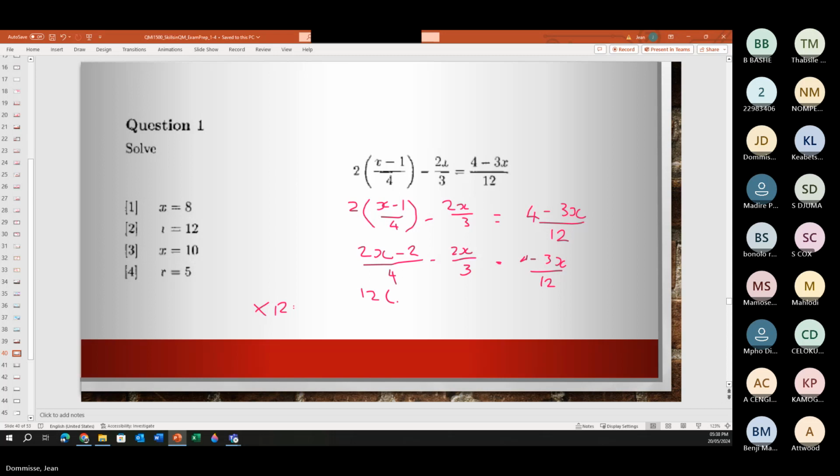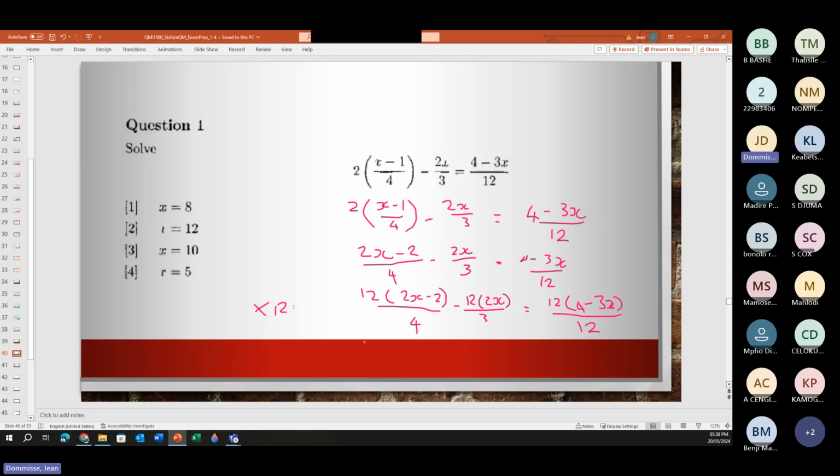So we get 12 times (2x minus 2) divided by 4, minus 12 times 2x divided by 3, and that is equal to 12 times (4 minus 3x) divided by 12.